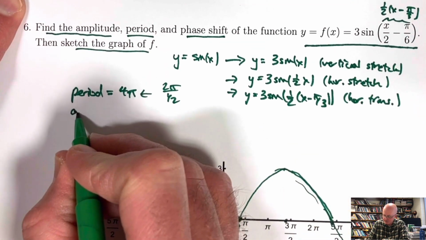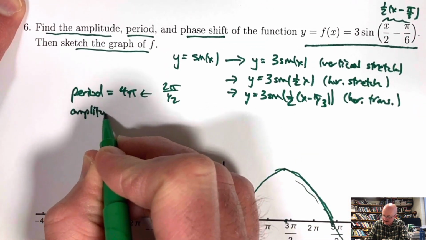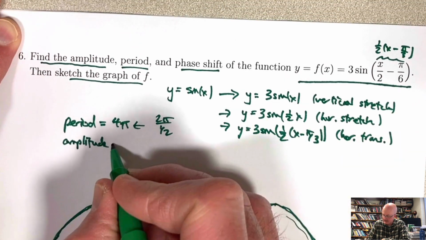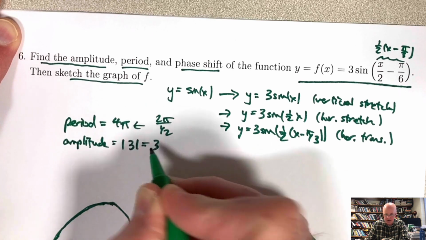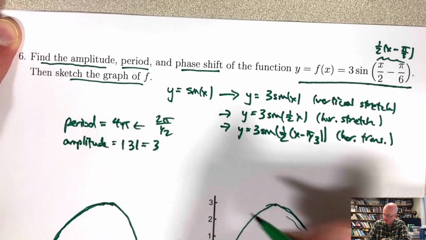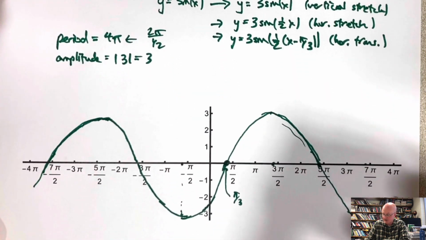What's the amplitude? In this kind of setting, the amplitude is always the absolute value of whatever the coefficient there is. In this case, the absolute value of 3, which is 3. If that were a negative 3, it would still be an amplitude of 3 because the absolute value of negative 3 is 3. What does that represent geometrically?